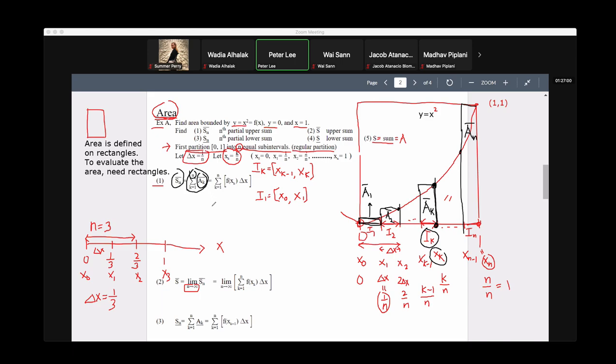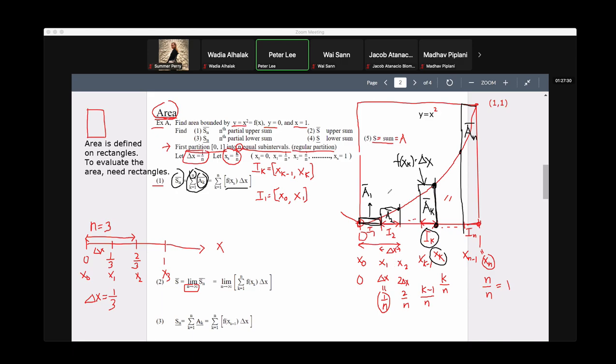A sub k bar is f at x sub k times delta x. What is the area of this rectangle? That is equal to f at x sub k, which is the height of this rectangle, and then the base of the rectangle is basically delta x. That is the area of this k-th rectangle, A sub k bar.